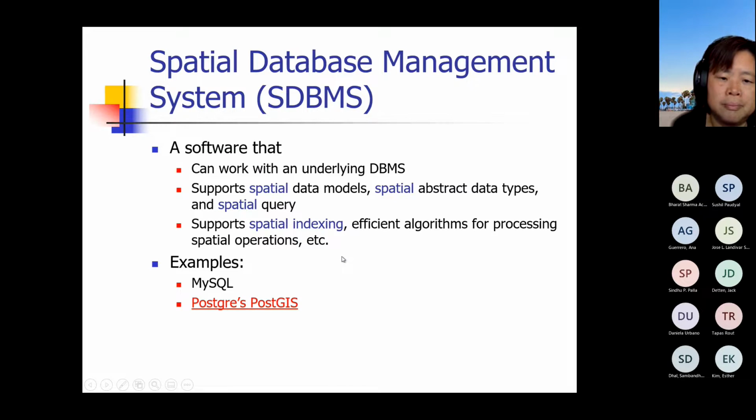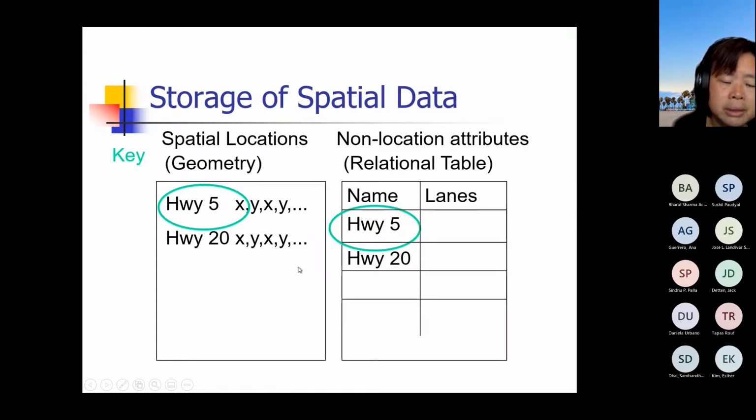So how to quickly speed up spatial query, that's spatial index. For software, we have the current MySQL, which can extend its capabilities to support spatial data and spatial query. And another commonly used one is PostGIS.